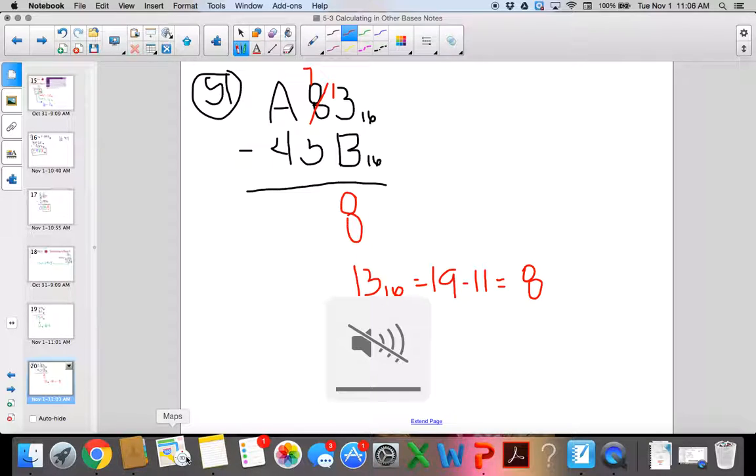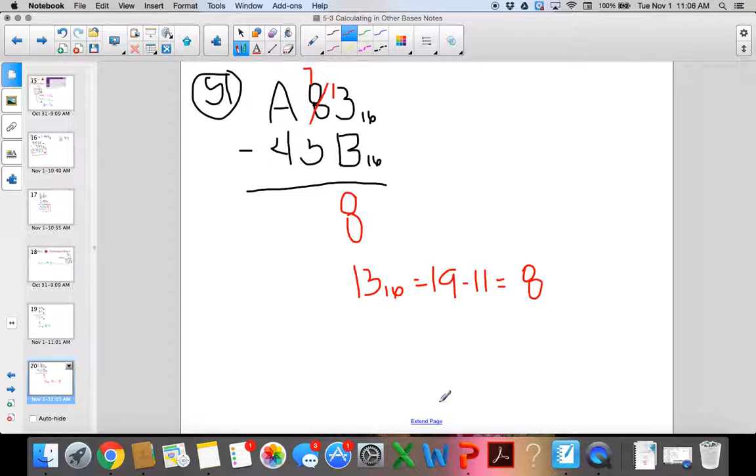We have 7 minus 3, which is nice because 7 minus 3 is just 4, and because one is larger than the other, we just get to work in that, and it makes it easy. And then we have A minus 4. Well, A is 10, and 10 minus 4 is 6. Because the top number is greater than the bottom number, it makes our lives much easier.